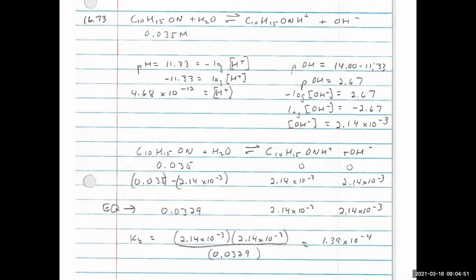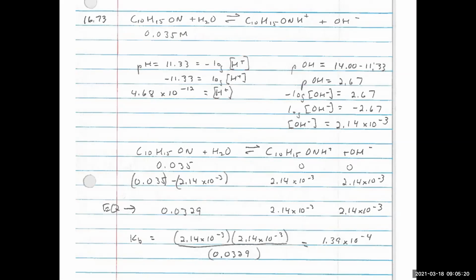Okay, so the first thing we want to do is write out our equation. We have the ephedrine plus water, and it then gets protonated. This is one of those amine bases that we talked about because we see the nitrogen there.